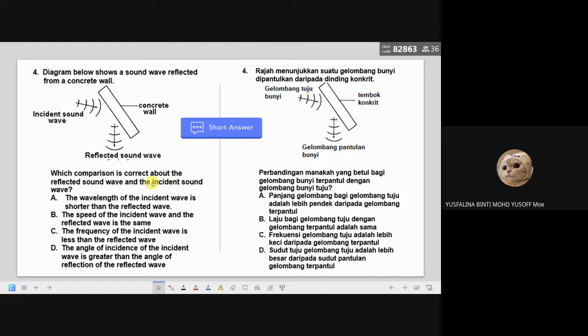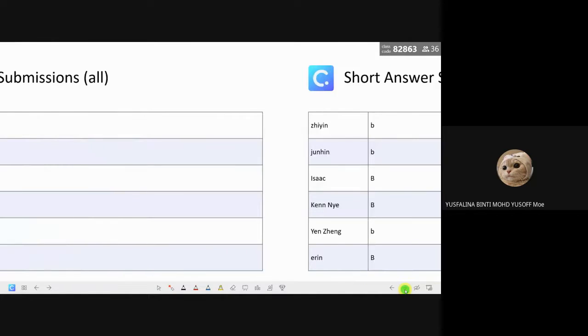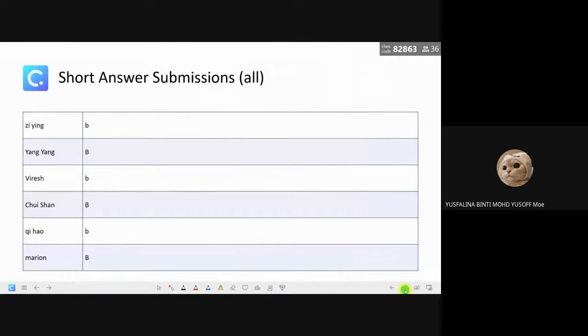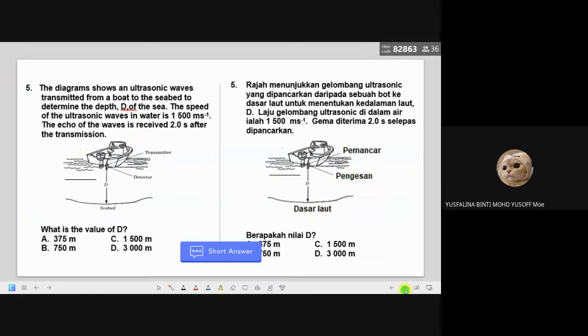The speed, the wavelength, and the frequency will not change. So the answer should be B. Let's check your answer. B, B, B. Okay, very good. So, next question.